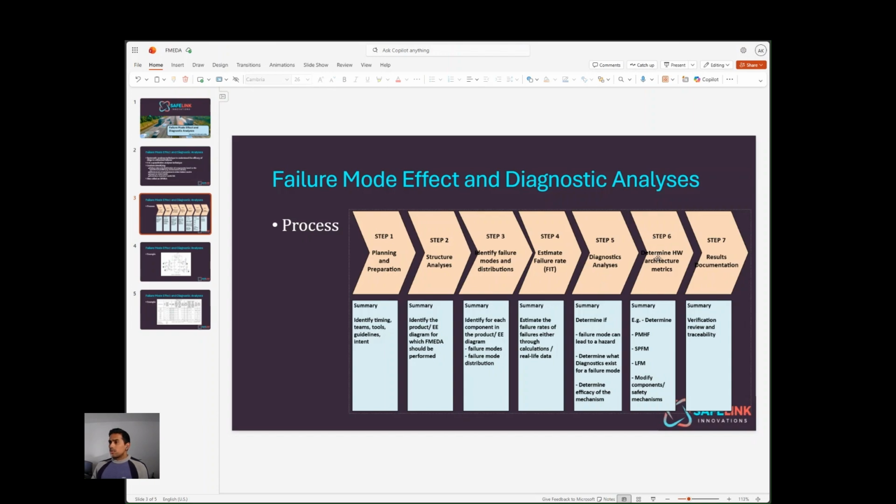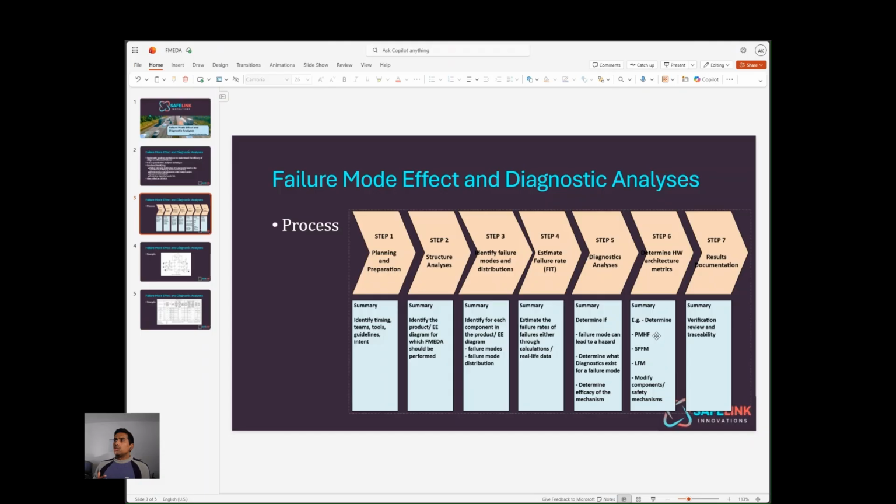Then comes step 6, which is to determine the hardware architecture metrics. This is to try to quantify how good the diagnostics are. ISO 26262 recommends these three metrics. There is the PMHF, also known as probabilistic metric for hardware failure. It is a measure of, if a component fails in a way that can lead to a safety goal violation, what is the probability that this component can fail?